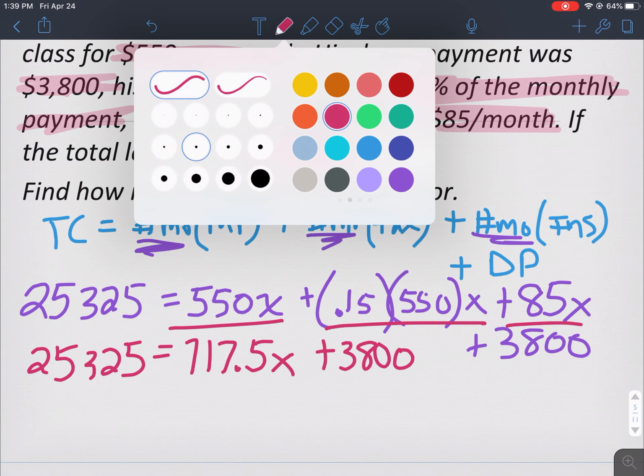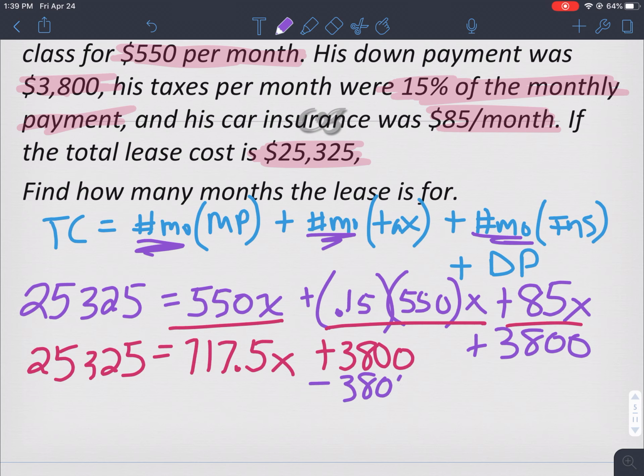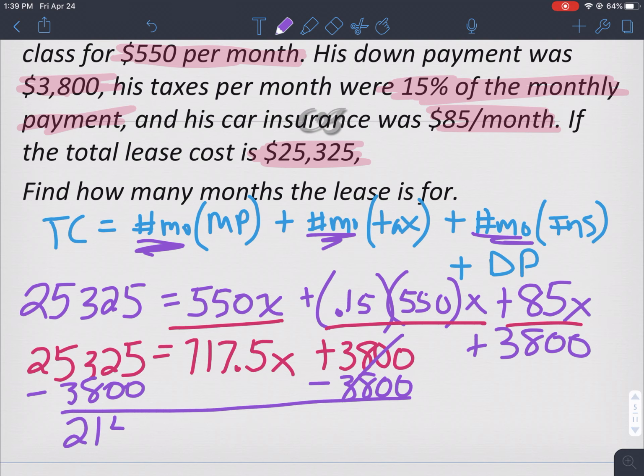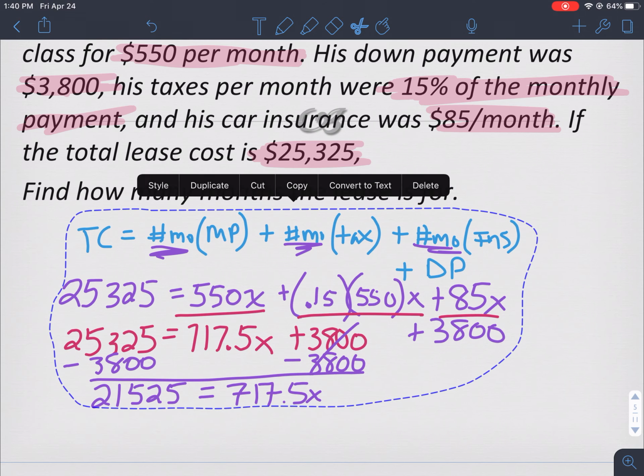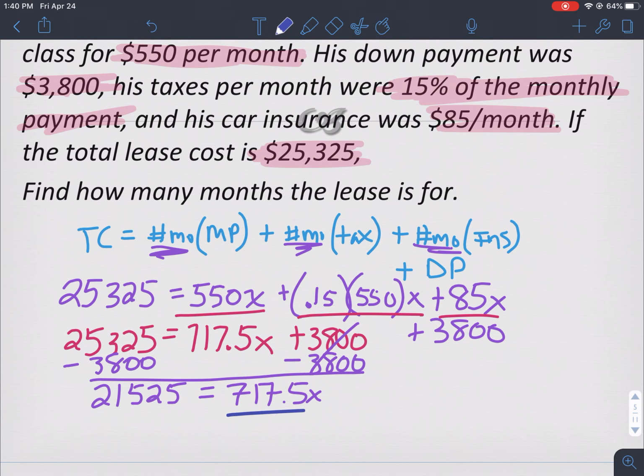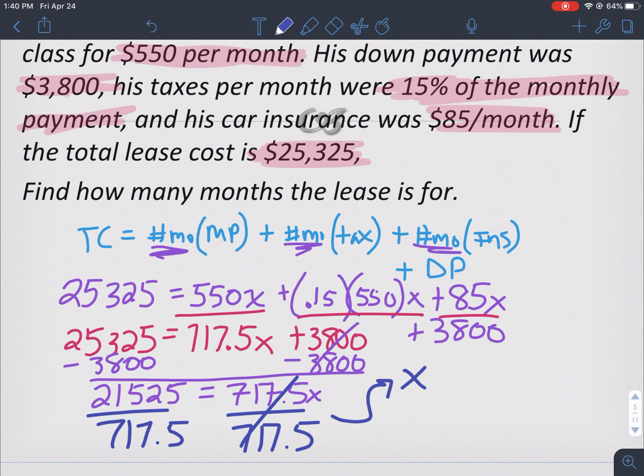Let's subtract 3,800 from both sides. $21,525 equals 717.5x, and then let's divide both sides by 717.5, and that will give us an answer of 30 months.